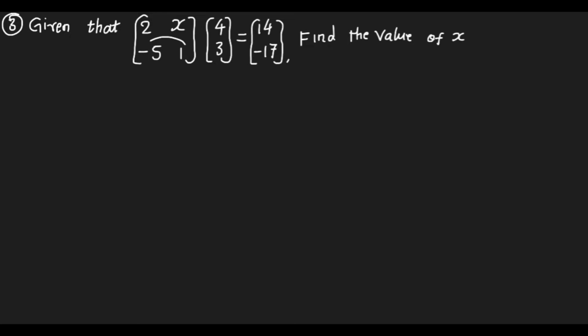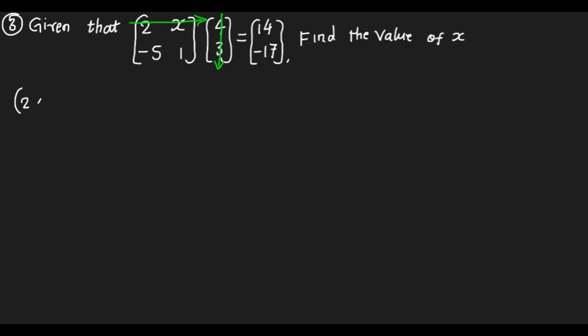Since we can see that in the second row, there is no variable of x, we'll just use this row where x is, times the second column. So let's do the operation. The operation is 2 multiplied with 4.